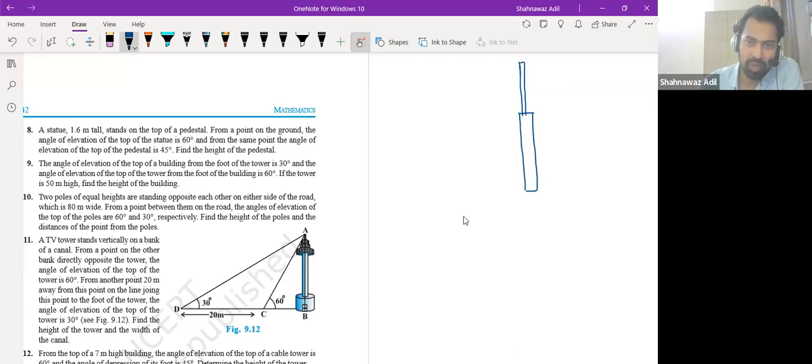And from a point on the ground, the angle of elevation of the top of the statue.